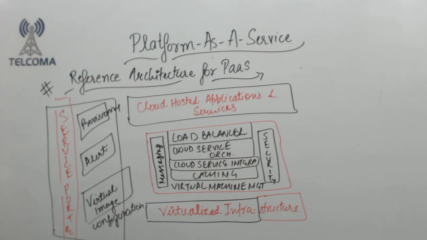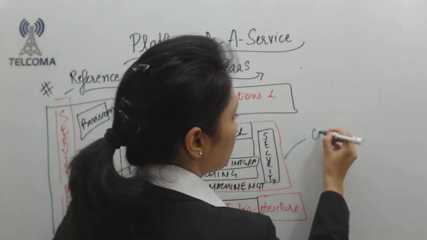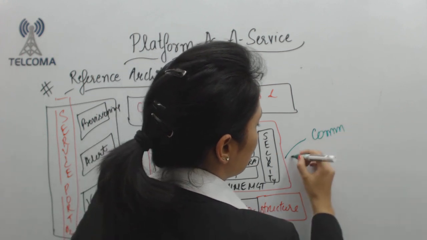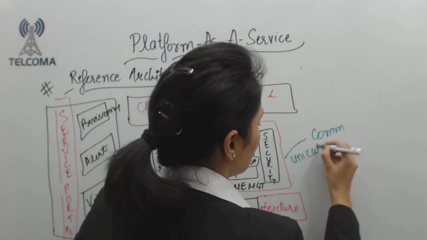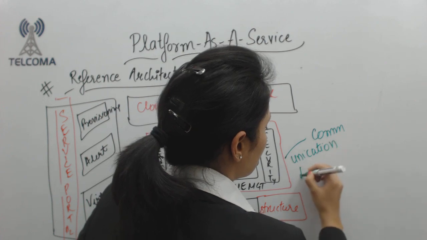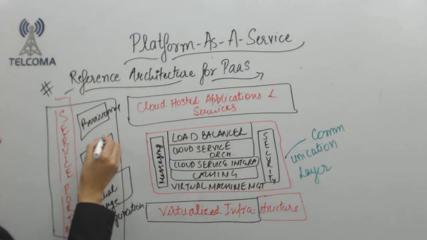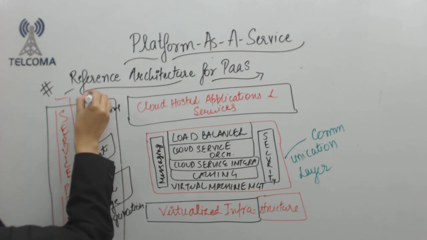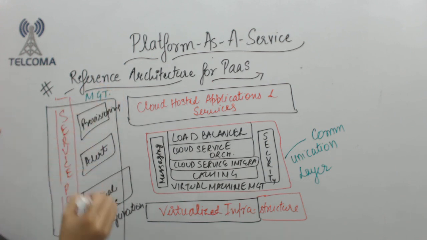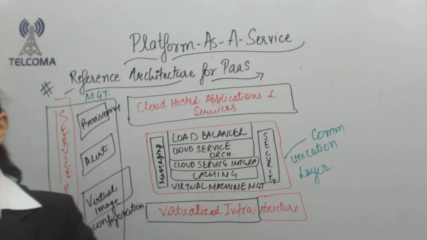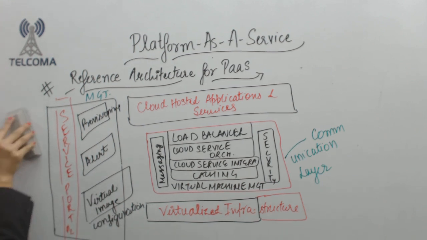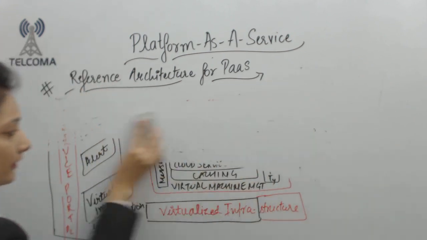So the very first one, this is your communication layer, and this one here is your management layer. Now we will study these layers one after another. So first of all, we will study the management layer.